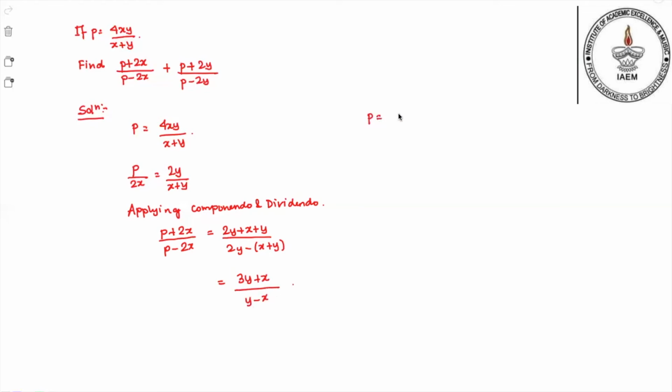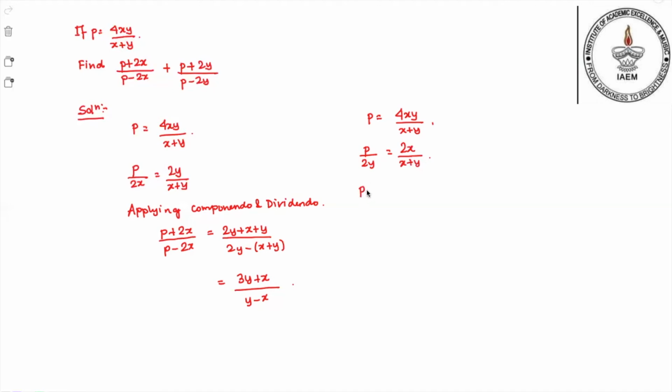So again, we have p equals 4xy by x plus y. So p by 2y equals 2x by x plus y.